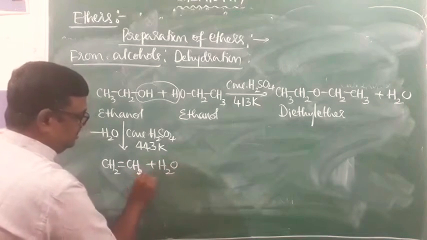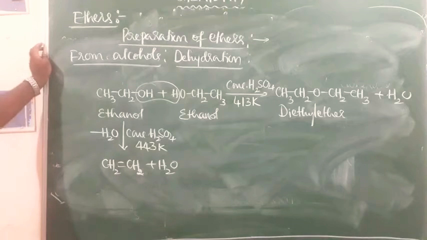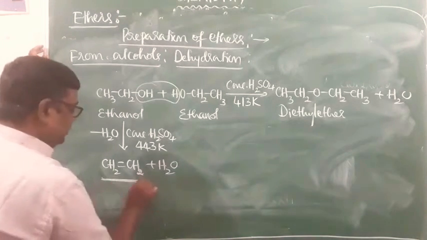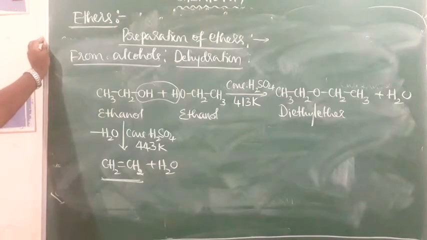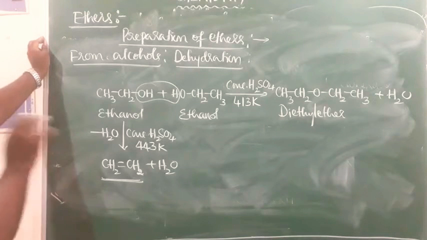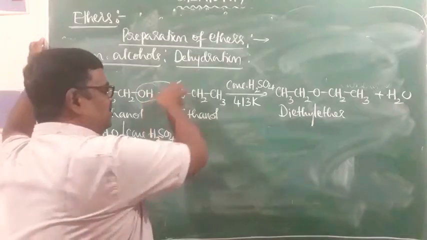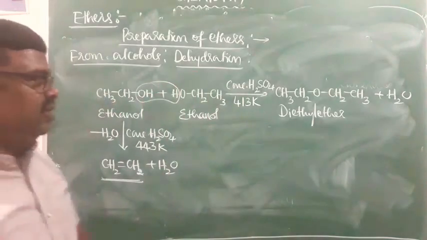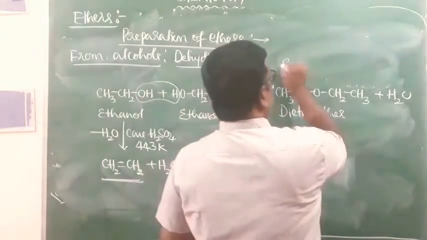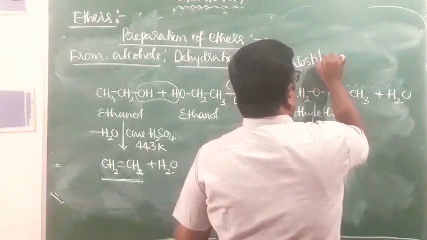Here you get ethene. Why am I giving this particular reaction? Because if this reaction is carried out at low temperature, you are going to get ethers by a substitution reaction.